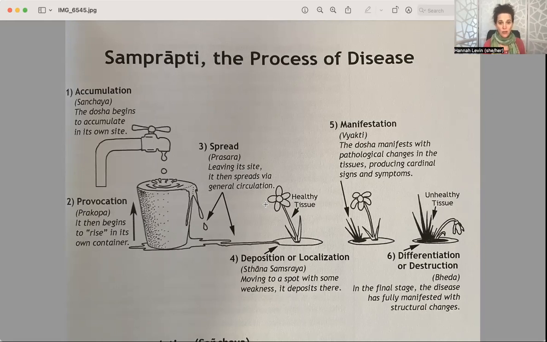Then we go to the fourth stage, which is deposition or localization, moving to a spot with some weakness, and it deposits there. The aggravated dosha will tend to move into a spot that has some weakness or defect due to previous trauma, genetic predisposition, accumulated emotional stress, repressed emotions, or other factors.